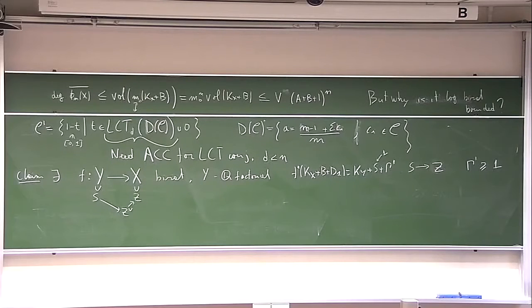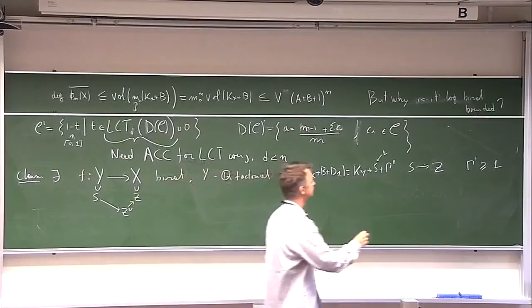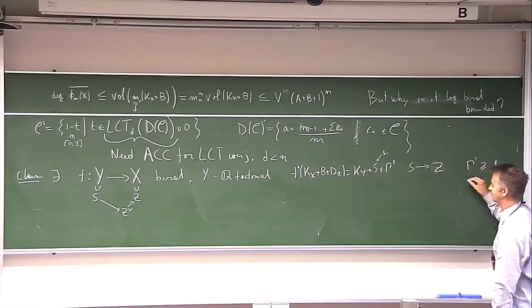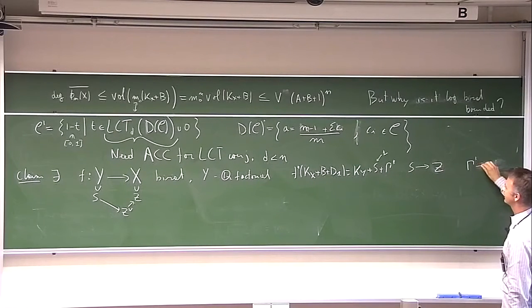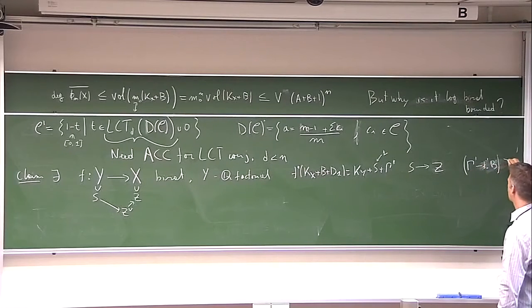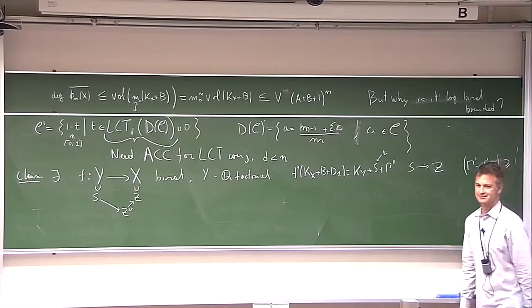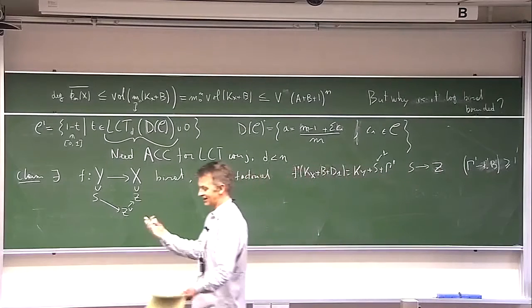Certainly this contains a strict transform of B, f minus 1 lowest star of B. All the new coefficients are greater or equal to 1. Right. Yeah, you're right.